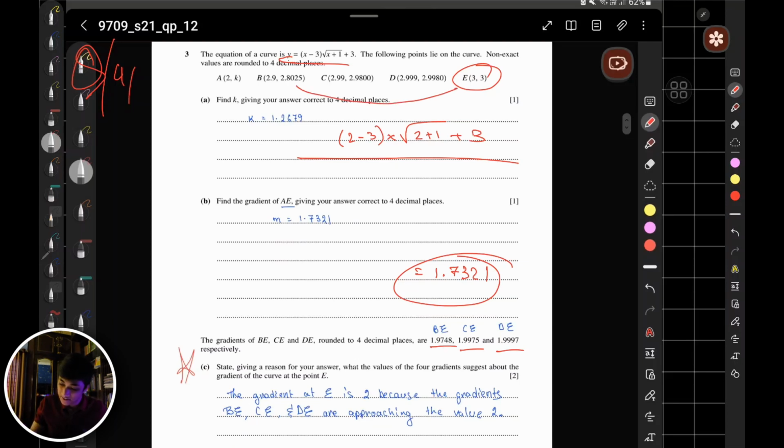The gradient from C to E is again 1.9975, right? And again, the gradient from D to E is 1.9997. What is the common trend over here?